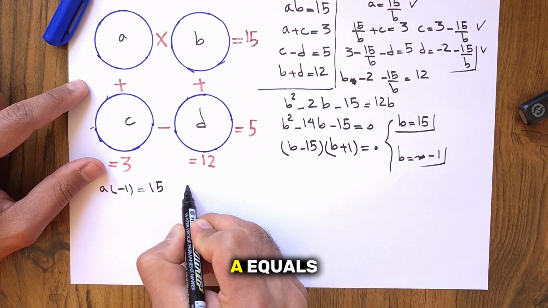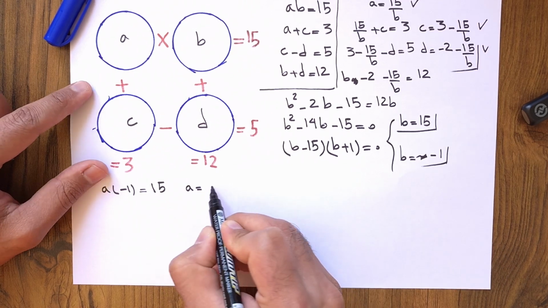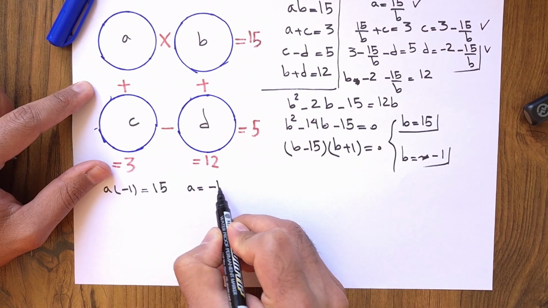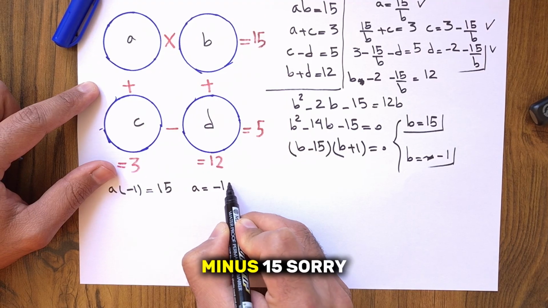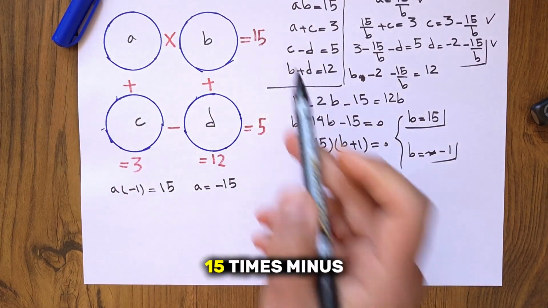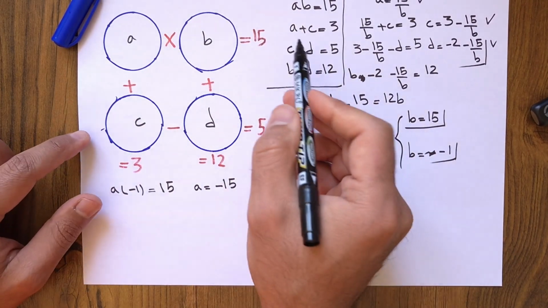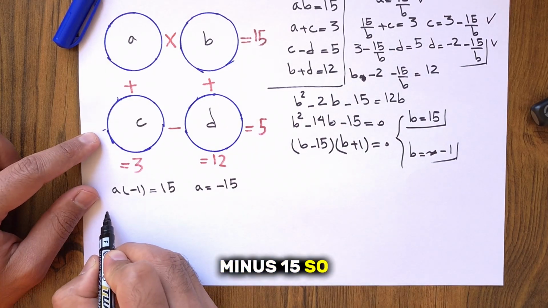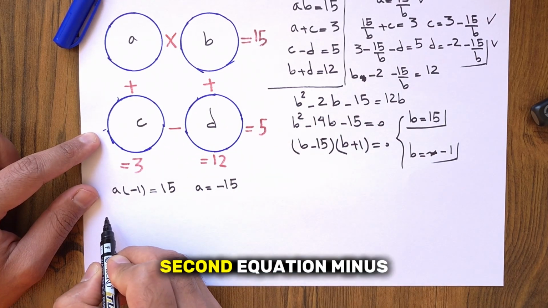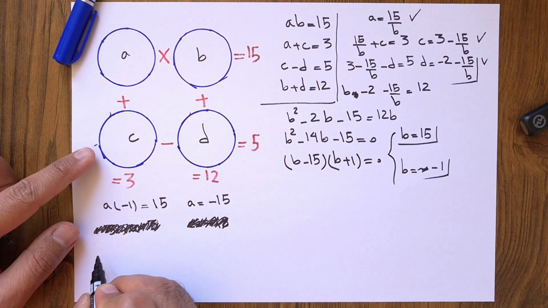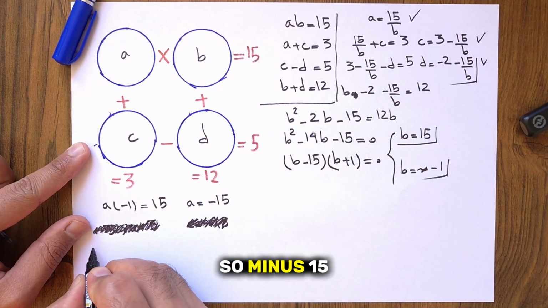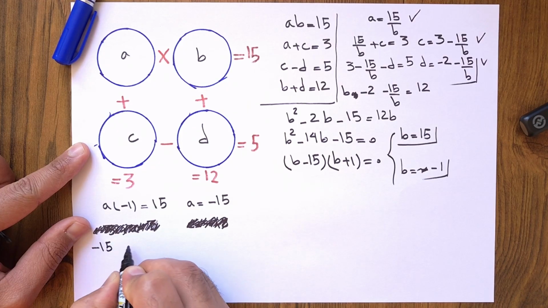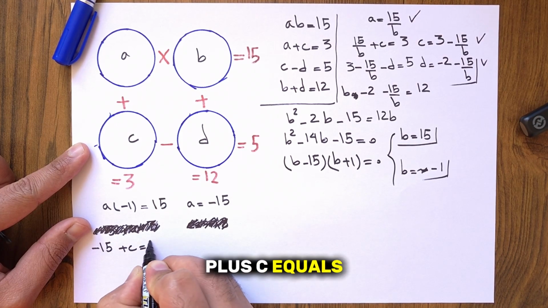In other words, A equals minus 15, because minus 15 times minus 1 is 15. So A is minus 15, so let's substitute in the second relationship.